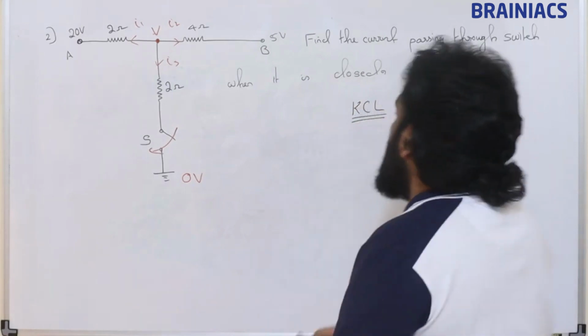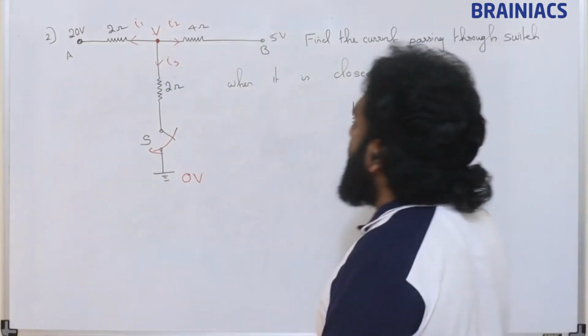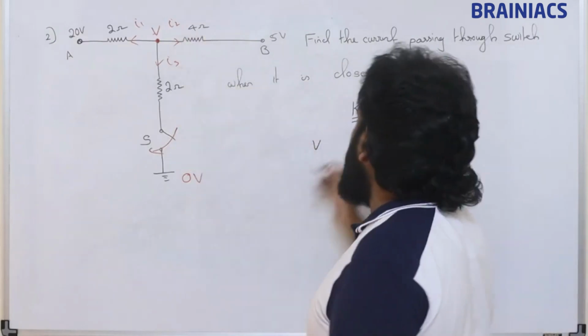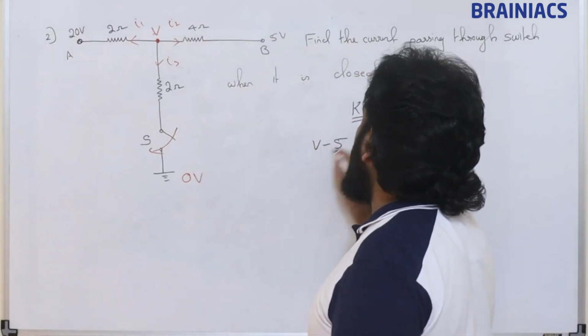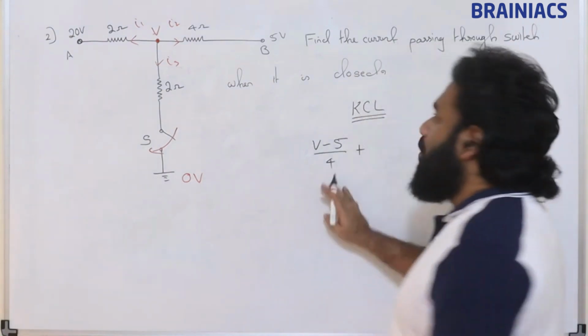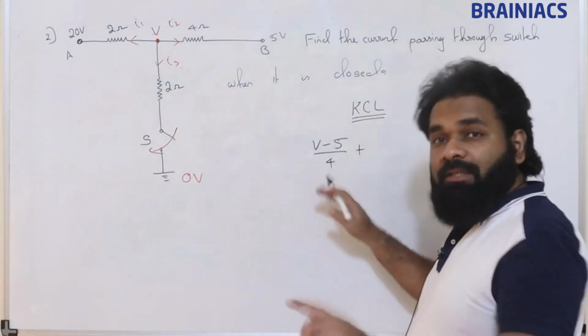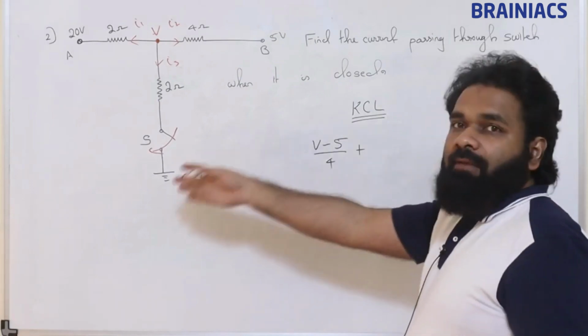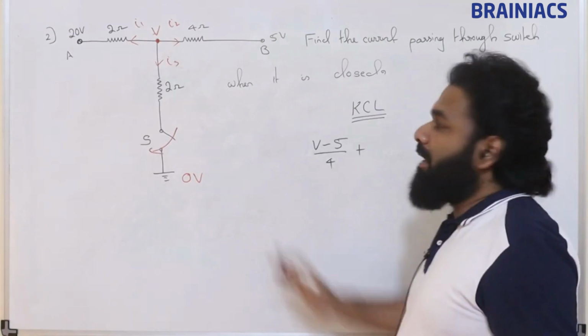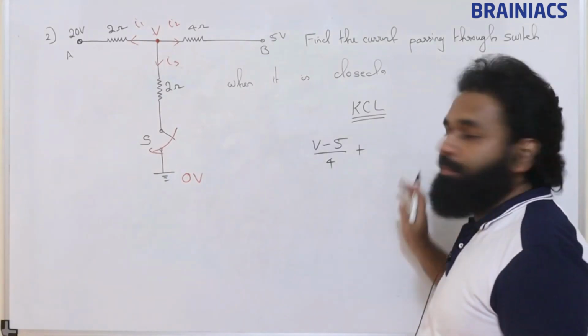So when we apply KCL, I am going to consider V is at a higher potential. So (V minus 5) divided by 4, plus, I am going to consider leaving current as positive. At the beginning itself, entering current, I took it as negative because I am just habituated in that way.